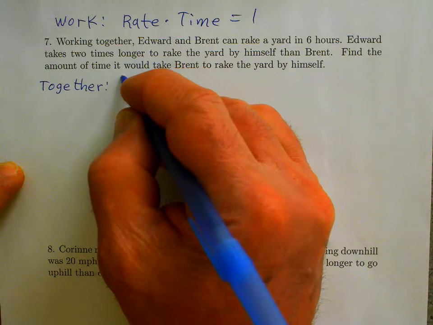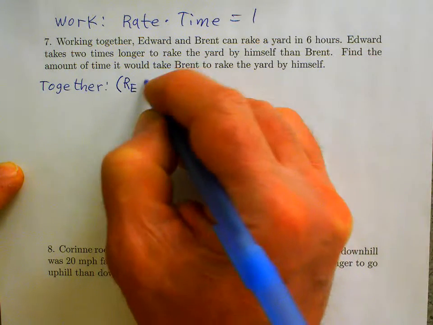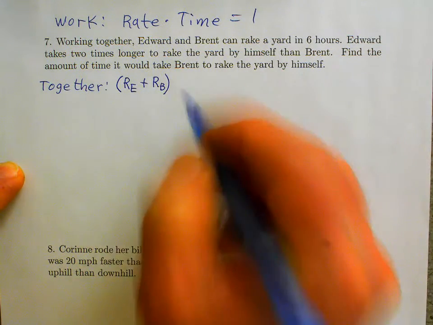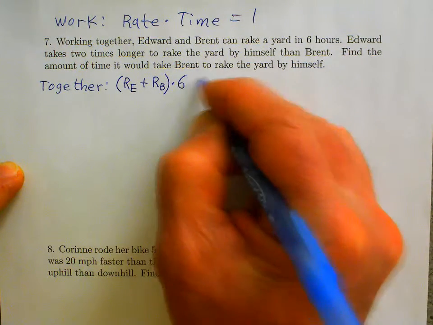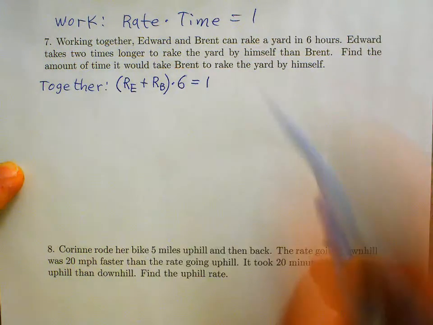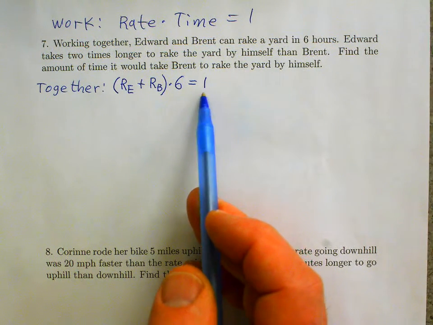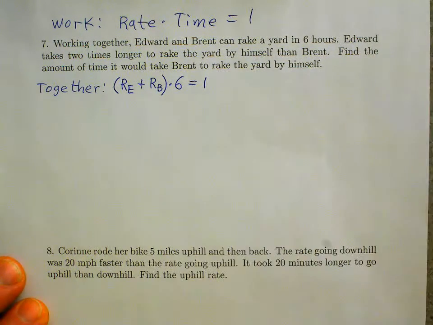Edward works at a certain rate. We add that to Brent's rate. And we multiply that quantity by 6 hours. And in 6 hours, they accomplish the task of raking a yard. So we have rate times time equals 1.